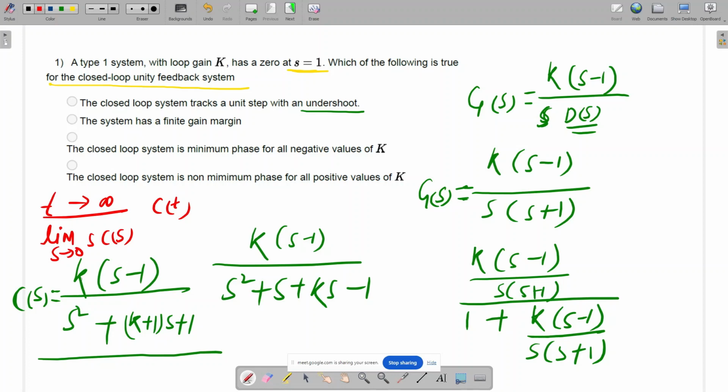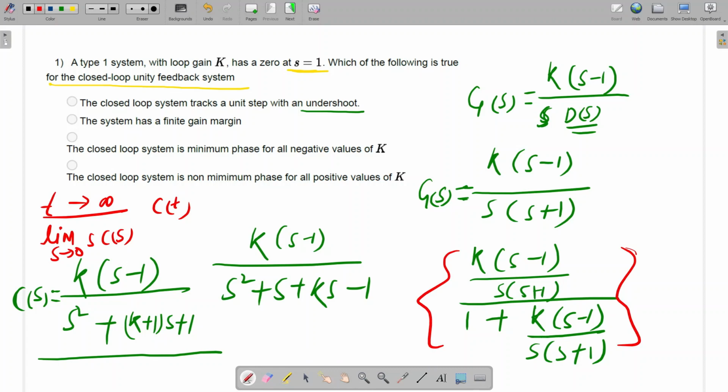What will be the value? Minus 1 by 1? Is it correct? Can you verify all the calculation?